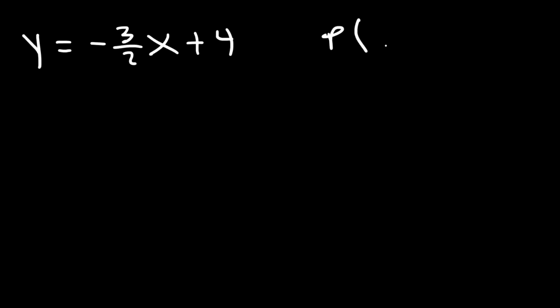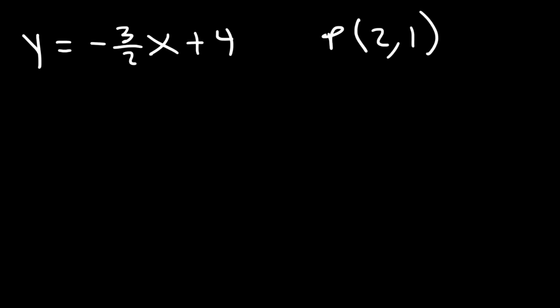Now, a typical question that you might see in an algebra course dealing with perpendicular lines might go as follows. So let's say you're given this equation, y is equal to -3/2x plus 4. And let's say you're given a point, 2, 1.